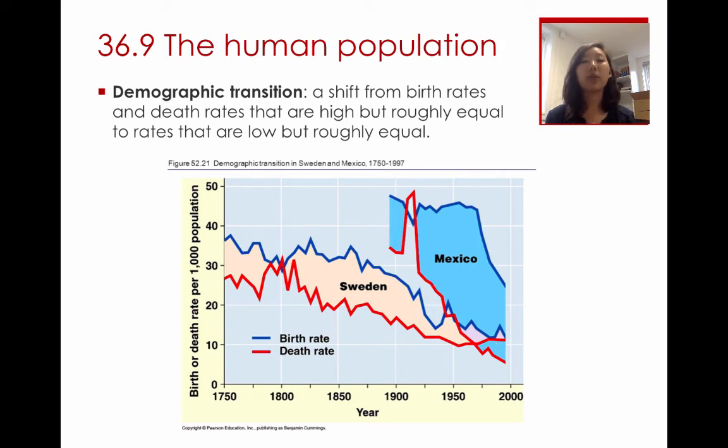And so we get back to a state of not really increasing our population size very much. With Sweden, we can see this directly. With Mexico right now, the birth rate is still much higher than the death rate, but they project into the future, which your textbook shows, that these two lines will also meet in the middle in the same way that Sweden's have.